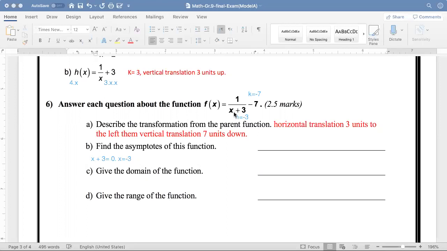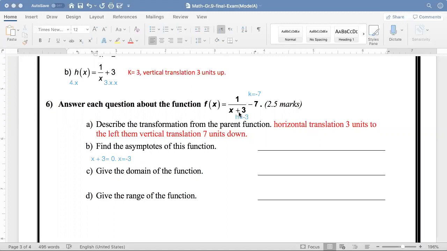For x, I get the value of x that makes the denominator equal to 0. So x plus 3 is equal to 0, so x is equal to negative 3. So this is the first asymptote that I will write.